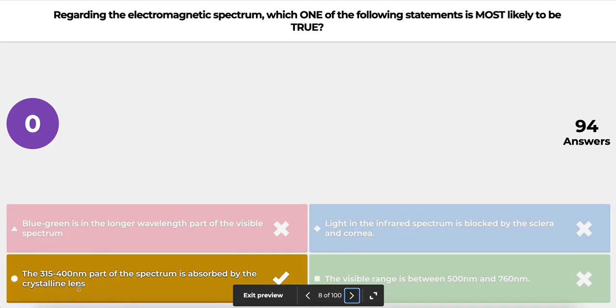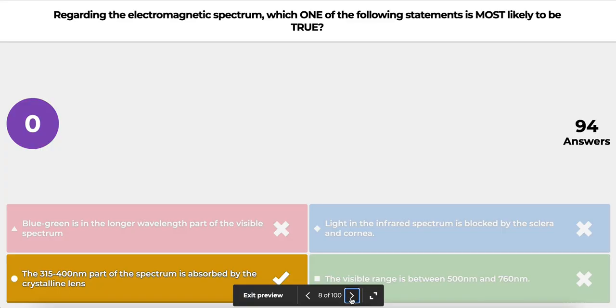The 350 to 400 nanometer part of the spectrum is absorbed by the crystalline lens. This is true, and this is the range of ultraviolet A radiation. The visible range between 500 and 760 nanometer is wrong, because 500 is within the green-blue range.